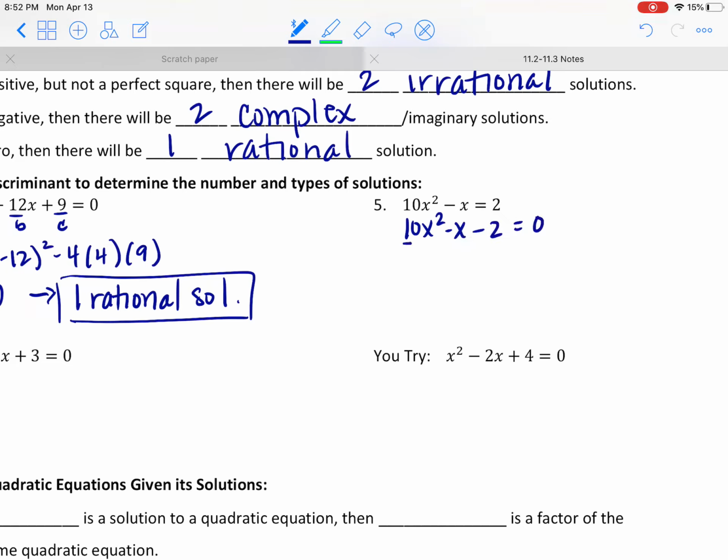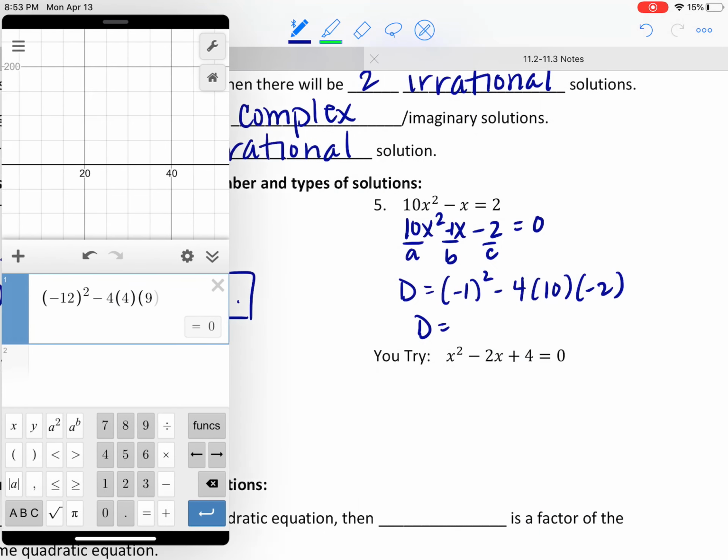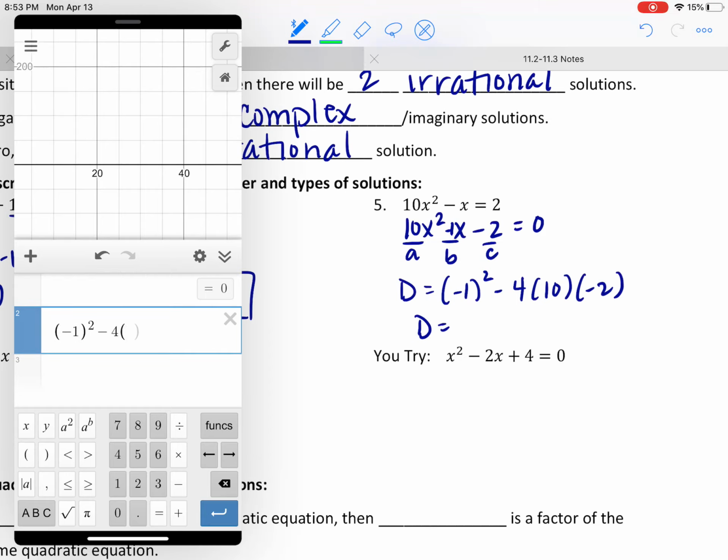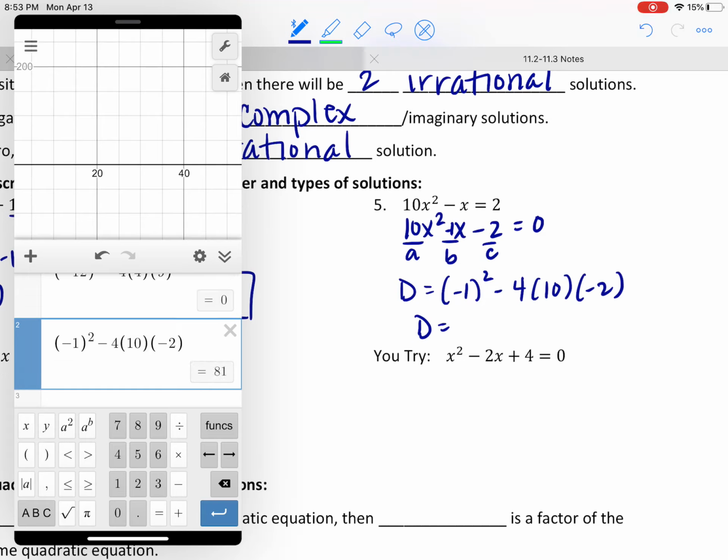Here, this is 10x squared minus x minus 2. So a is 10, b is negative 1, and c is negative 2. So the discriminant is negative 1 squared, b squared, minus 4 times a times c. So negative 1 squared minus 4 times 10 times negative 2, and we end up with 81.